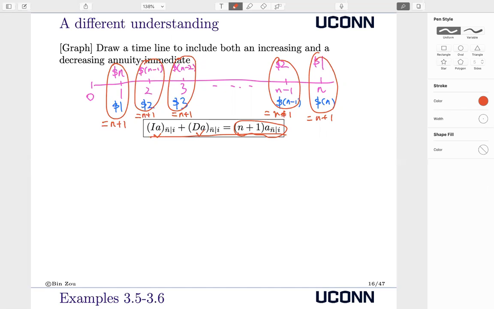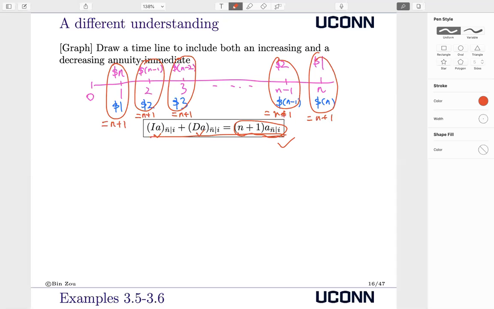Everything else is the same. I have n payments, the size is n plus 1, and it's a level annuity, so I don't have D. It's just a standard annuity. This is how I prove this result. All I did is draw a timeline, put the payments of the 2 annuities along this timeline, and by quickly identifying that if I sum those two at any time point, the payment is n plus 1.